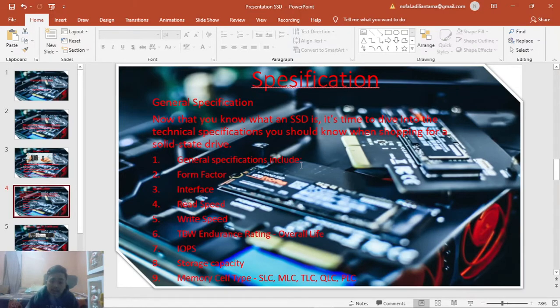General specifications include: number 1 form factor, number 2 interface, number 3 read speed, number 4 write speed, number 6 the TBW endurance rating, overall life, IOPS, storage capacity, and memory cell types, which are SLC, MLC, TLC, QLC, PLC.